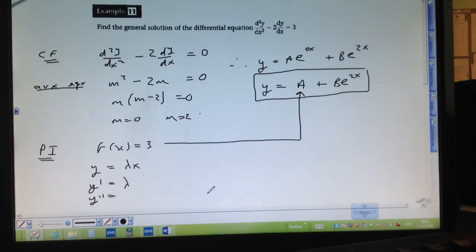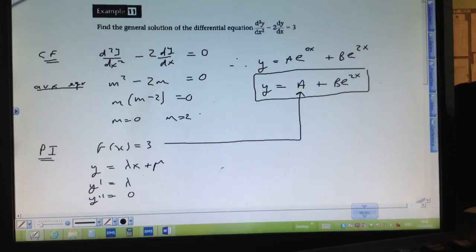Why couldn't it be like lambda x plus mu? There's no reason, you are right. Put mu into it. So we get that. Differentiate gives you lambda, gives you 0. Put it into the differential equation.